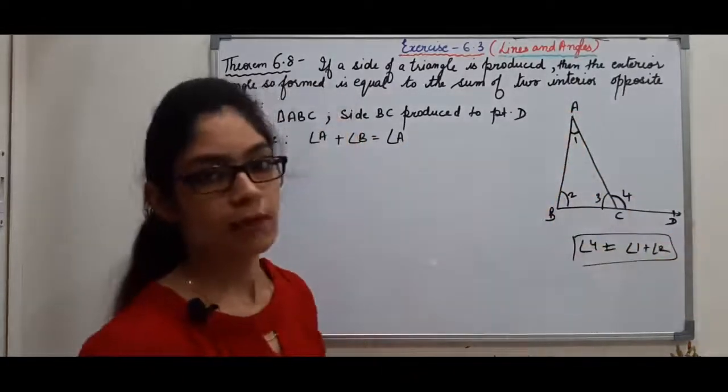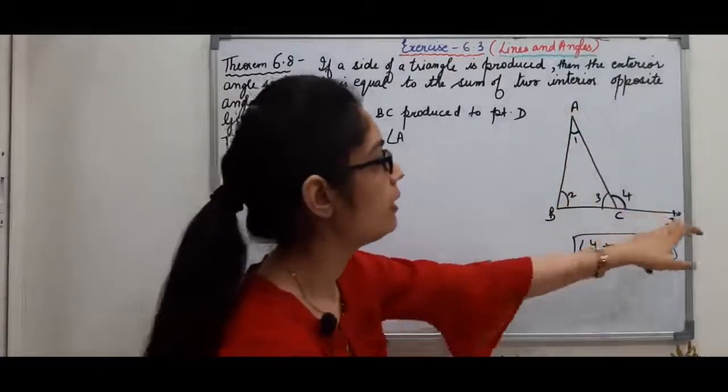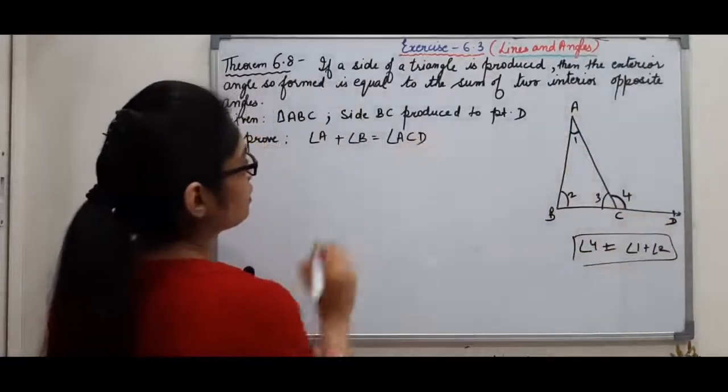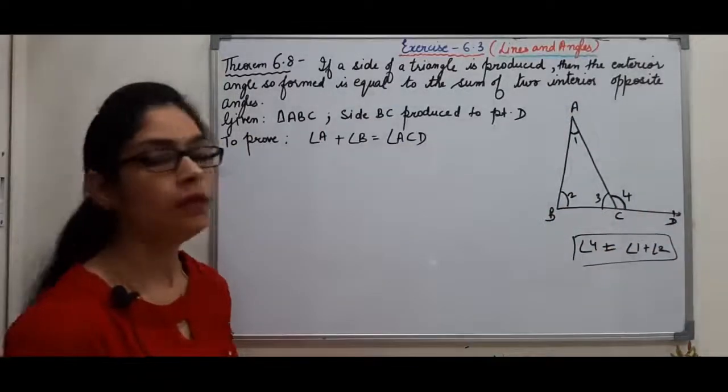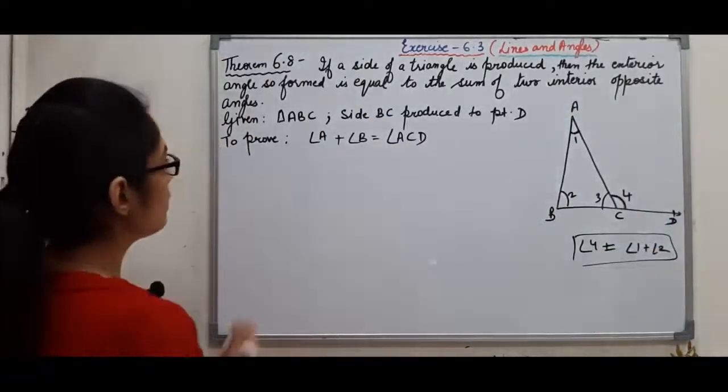So that's why we have to mention the full name, angle ACD, because exterior angle, or directly if you want you can mention angle 1 plus angle 2 is equal to angle 4. So this thing we have to prove.